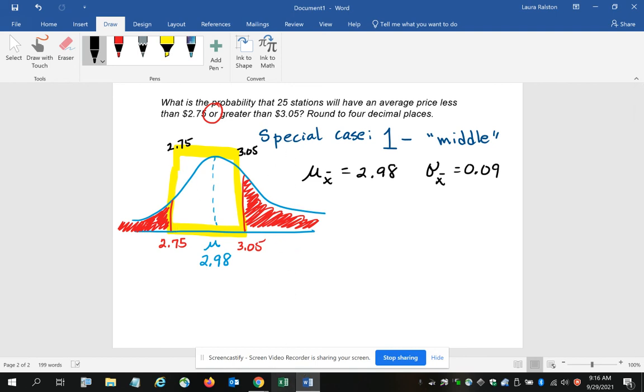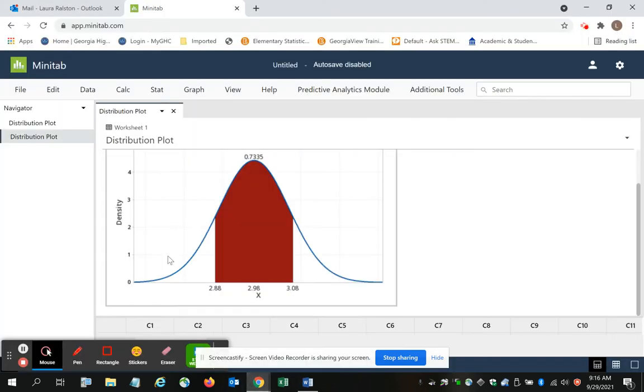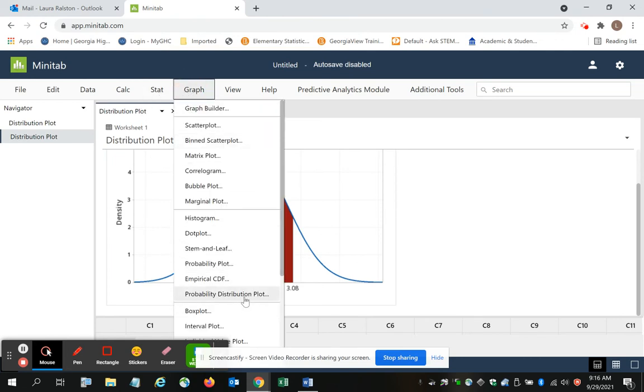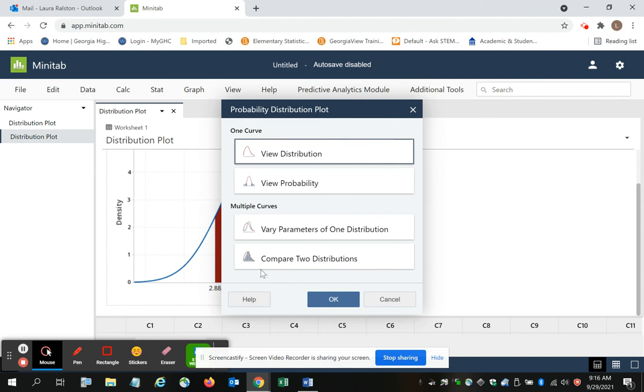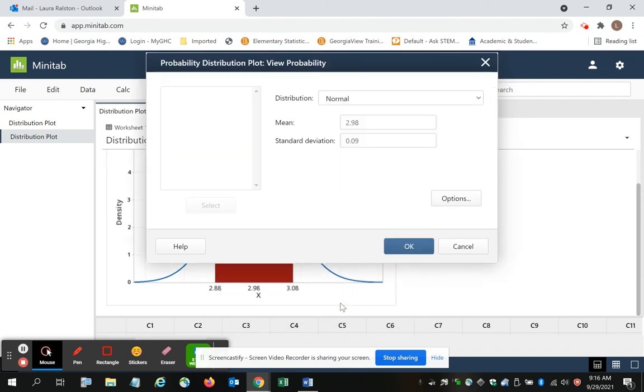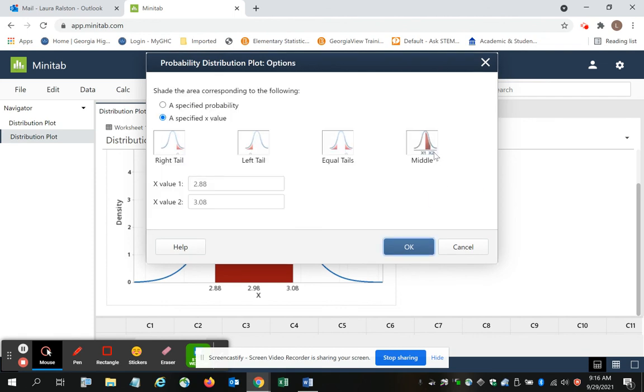So I'm going to go out to Minitab, graph, probability distribution plot, view probability. Okay, it's normal, mean of $2.98, standard deviation of 9 cents. I am going to calculate the middle between $2.75 and $3.05.